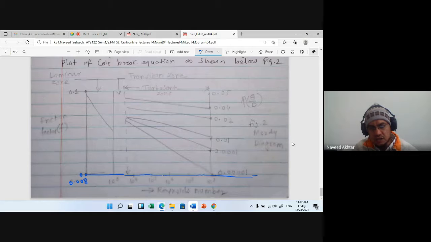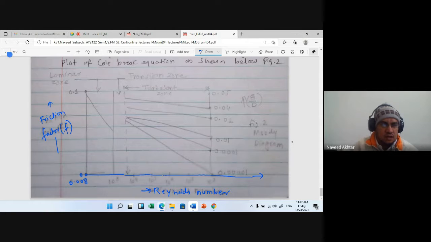I have written here that this is for the Reynolds number, and based on the Reynolds number, the friction factor you can find out from the Moody's diagram, based on your flow. The y-axis is the friction factor, 0 to 0.1.